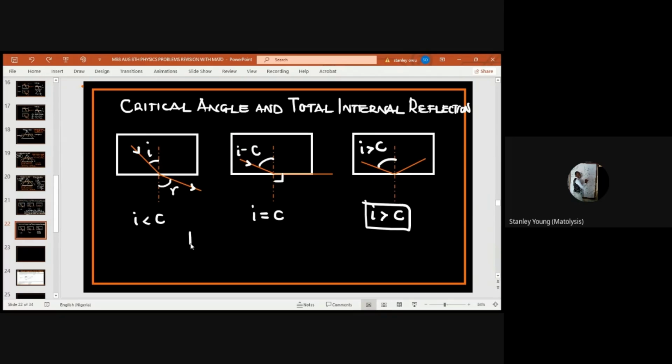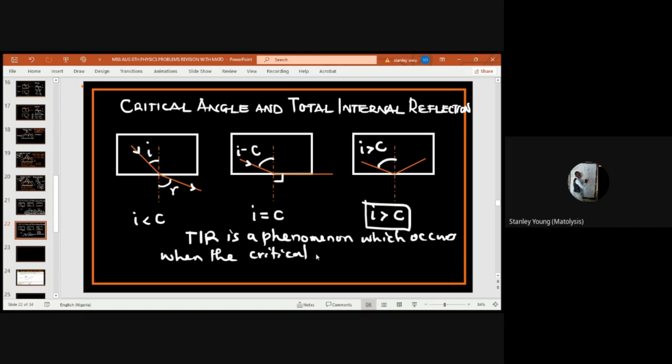So I will say total internal reflection is a phenomenon which occurs when the critical angle of a medium is exceeded.